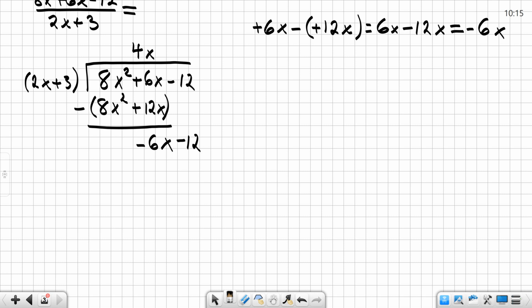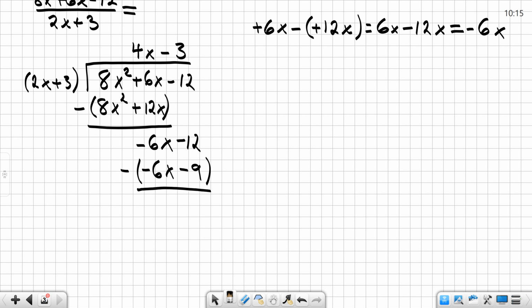Negative 6x divided by 2x is negative 3. Negative 3 multiplied with all of the divisor, negative 3 times 2x is a negative 6x. Negative 3 times positive 3 is a negative 9.